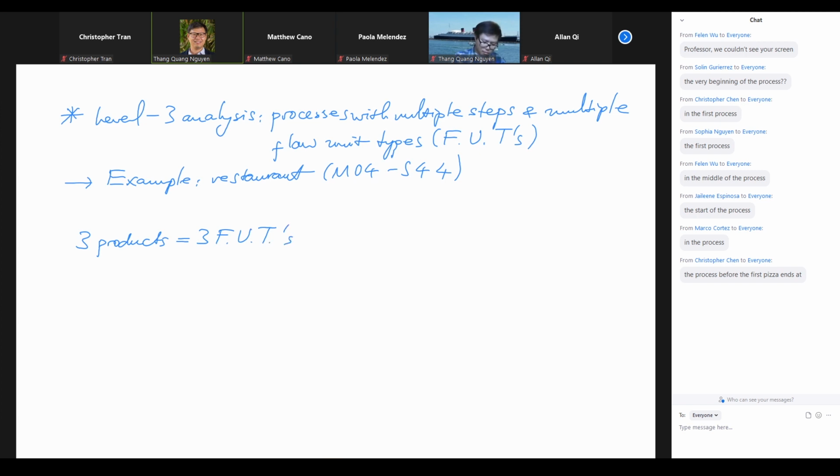They are A, B, and C. For the ease of our discussion, we would call A an ice cream, B the burgers, and C the fries, the French fries.